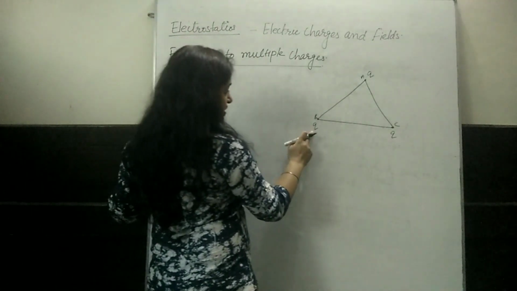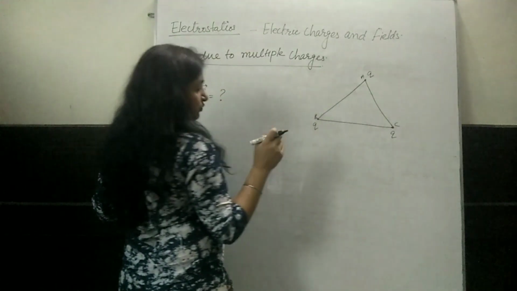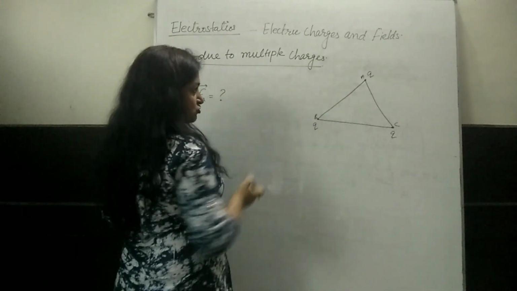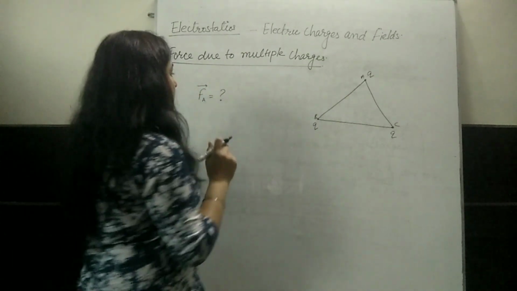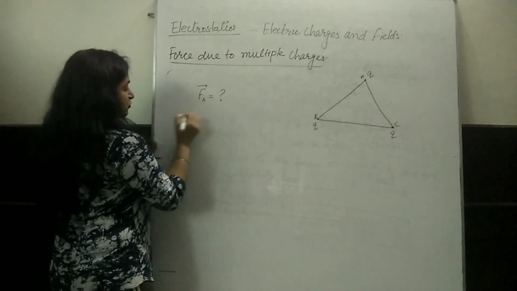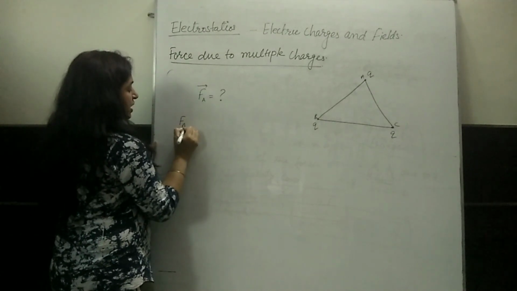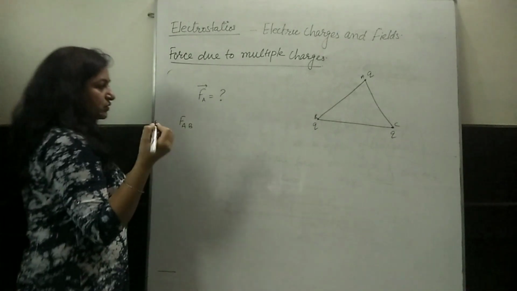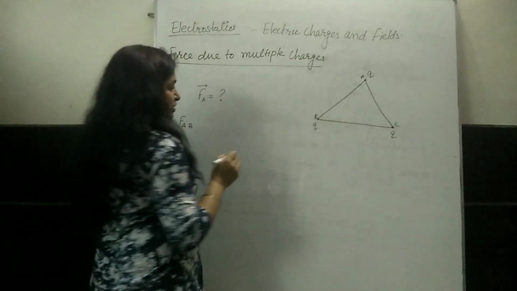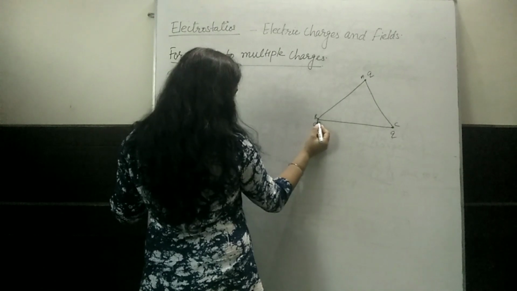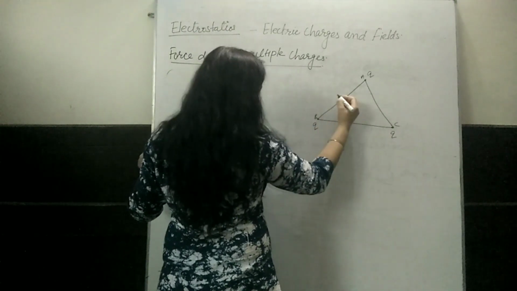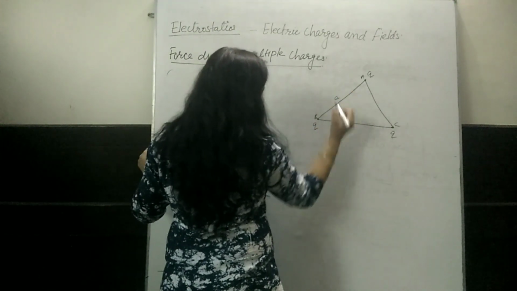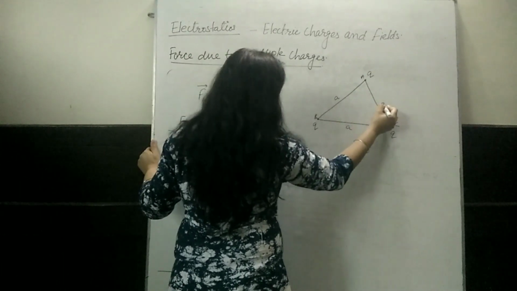One charge is present at B and the other at C. Both of these charges apply force on that particular charge. Now let's find the force on the charge at A due to B. I'll write the magnitude first. One more thing we missed here: let us consider the side of the equilateral triangle to be A.